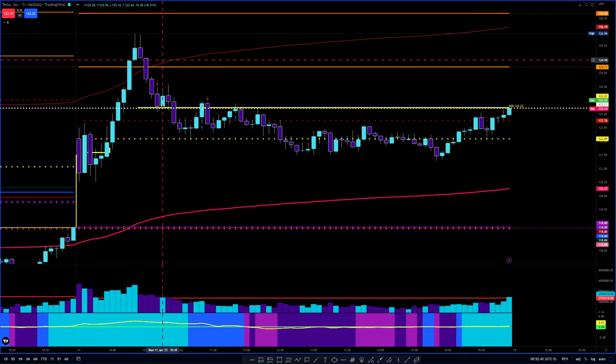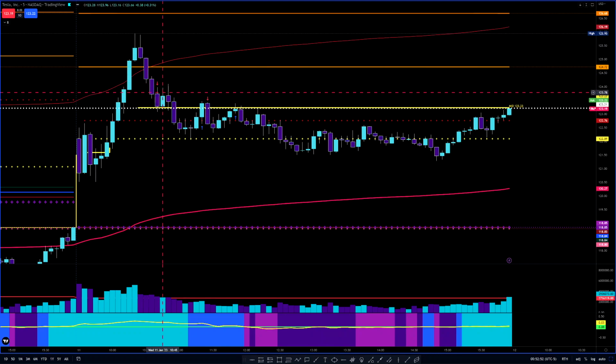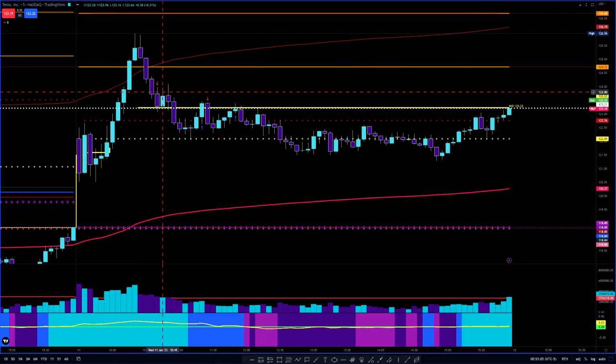But for the short, I should have probably just entered around this level, like 124.62, and when it got down here to around 122, that would have been a nice little $2 trade. So I entered this trade kind of late, you know what I'm saying?